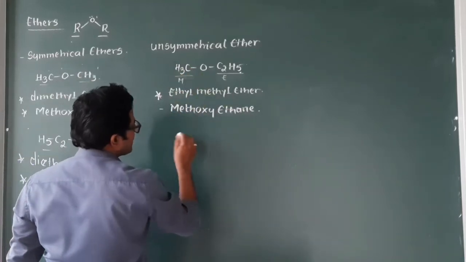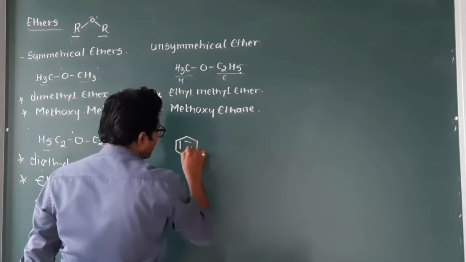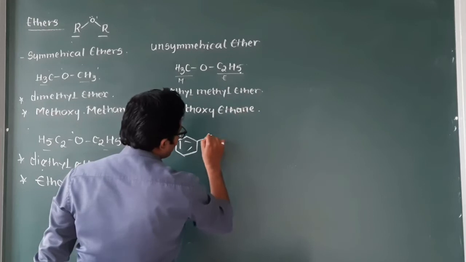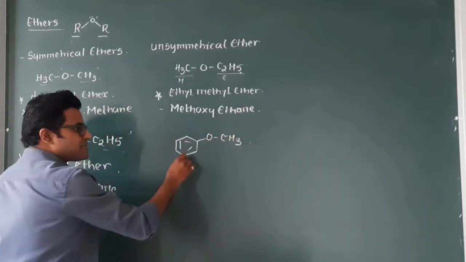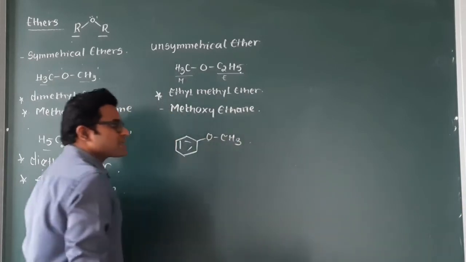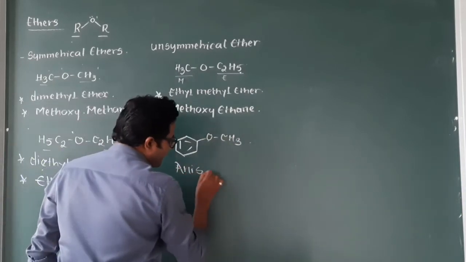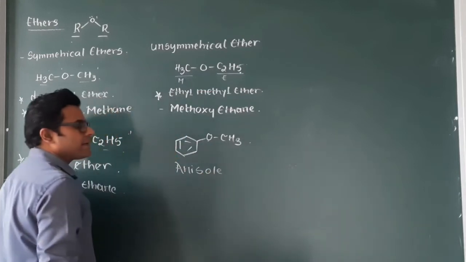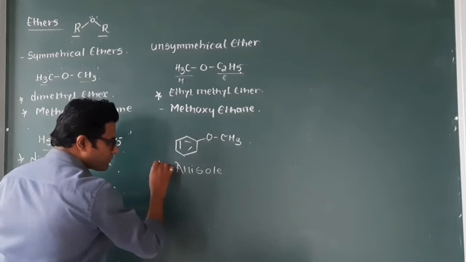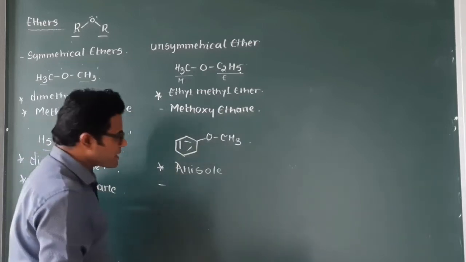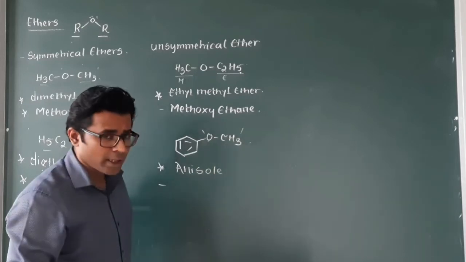Alright, going further with the next one. Let's take one more example. A benzene type of system connected to oxygen with CH3, commonly called anisole. Now, when we take a look at its IUPAC name, again oxygen goes with the smaller one.